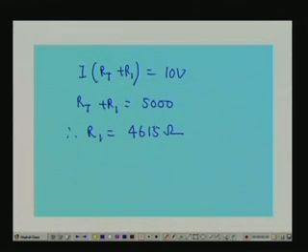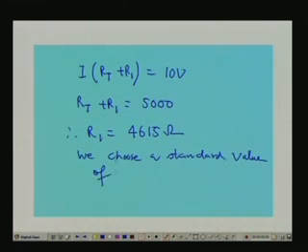We choose a standard value because this resistance will not be available. So, we choose a standard value of 4.7 kilo ohm. Now, as temperature increases, the value of the resistance increases, but still that does not introduce much error; these resistances may also increase, but they are not that temperature sensitive.